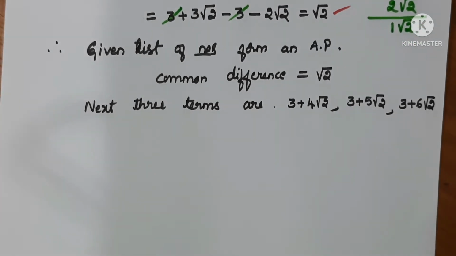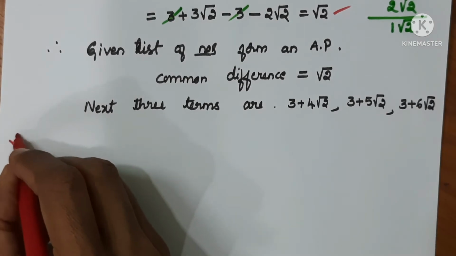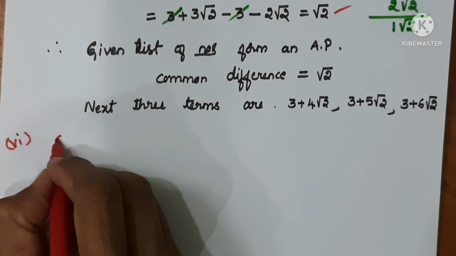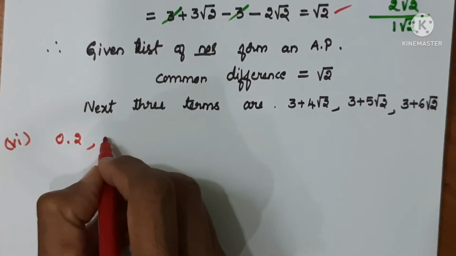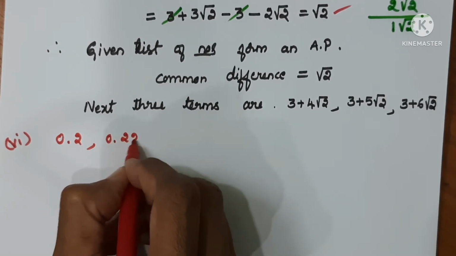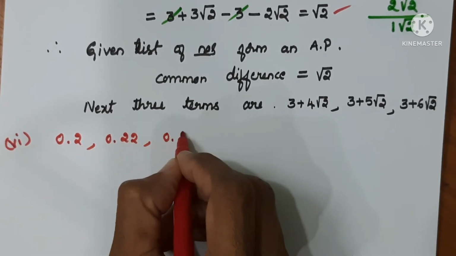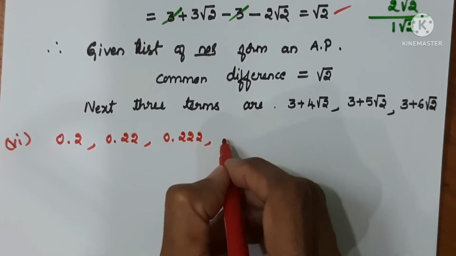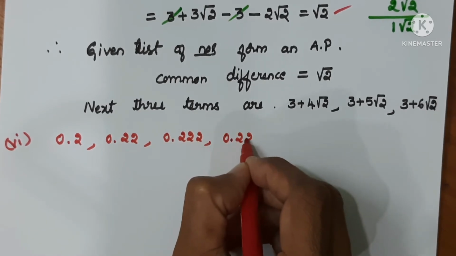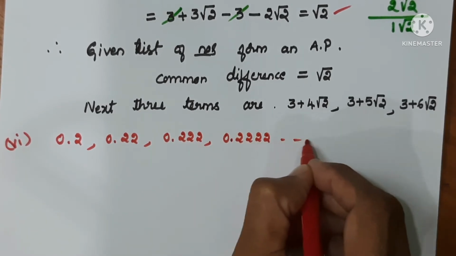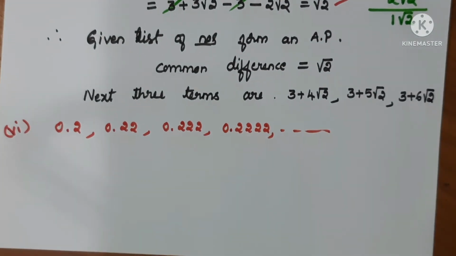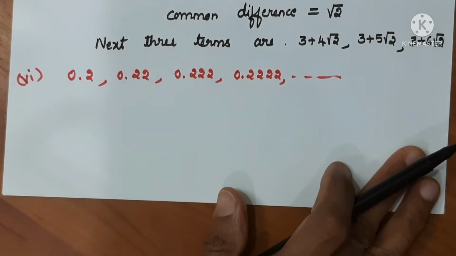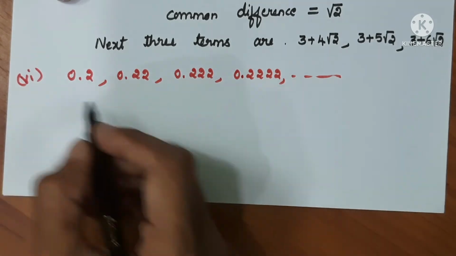Let us see the sixth one. Sixth one is 0.2, 0.22, 0.222, 0.2222, and so on. First let us find the difference. If the difference is common, then they will form the AP.